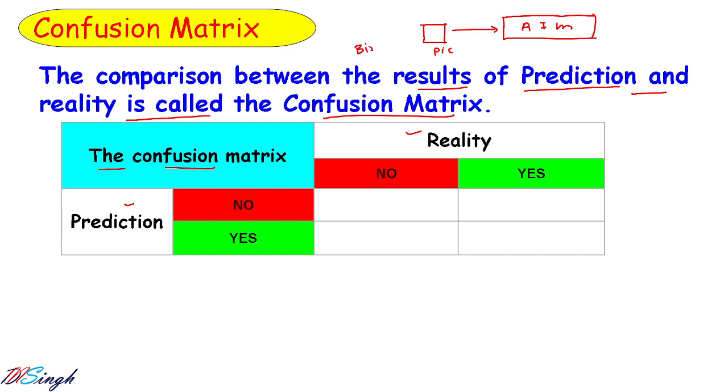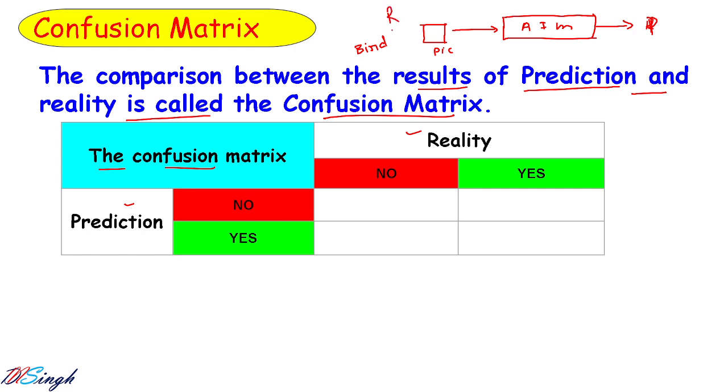But as we are human beings, we already know whether it is a picture of a bird or not by seeing it. But what our AI model gives in the result, that will be what? Prediction.